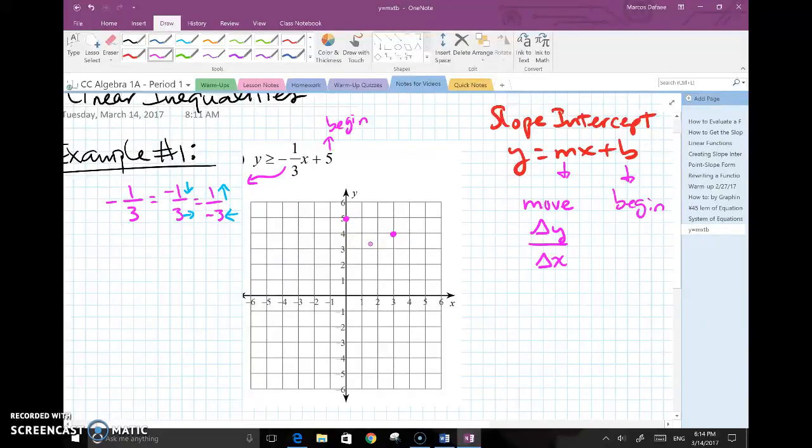So I can go ahead and make my line. Well, actually, before I make my line, I need to look at my inequality. So my inequality, which is here, tells me the type of line that I need to make. Now, one thing that you want to know is when you have symbols like this, you always have an open circle, but you also have a broken line. And the reason is, think of it this way.